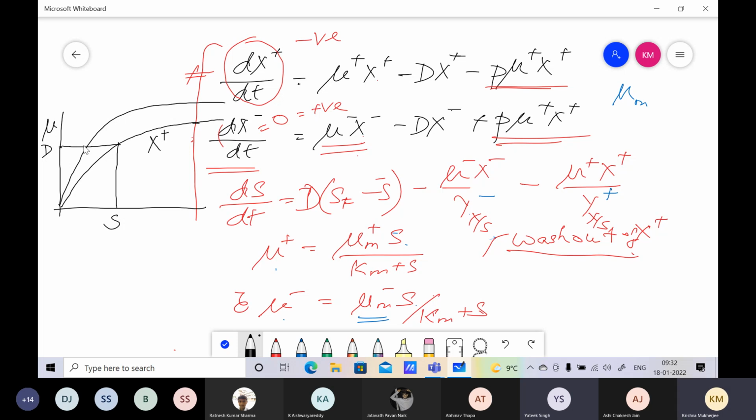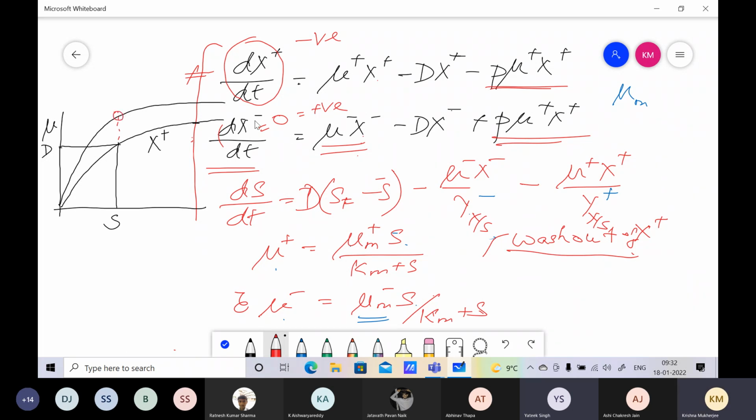There are no X minus cells because they have not emerged in the population. So the cell is running with only X plus. Now, slowly a small amount of X minus cells emerge, and at this substrate concentration they have a growth rate equal to this. So they grow at this rate.